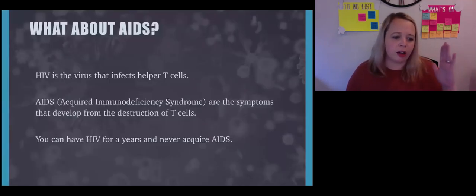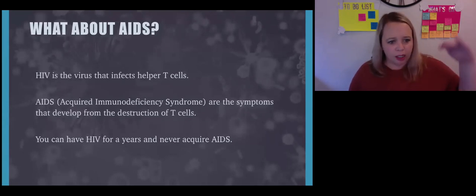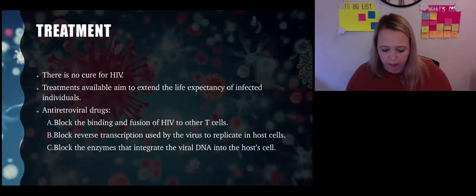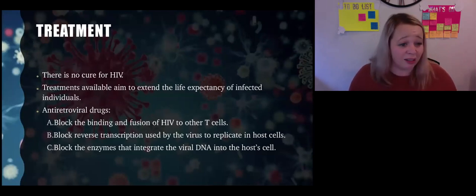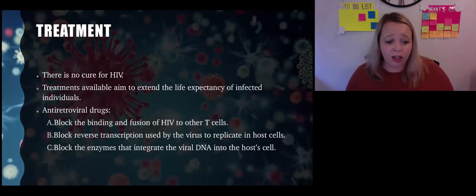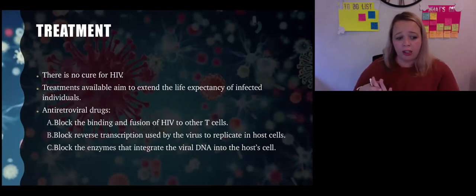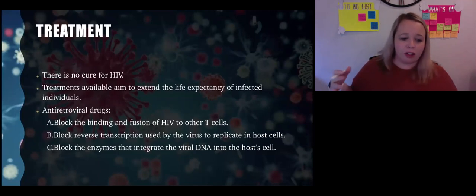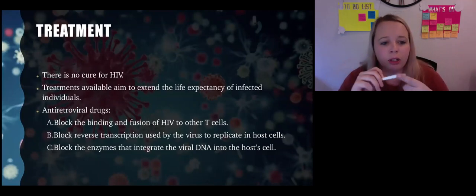So HIV is a virus, and AIDS is the symptoms that you get after your T cell count drops down really low. Now, at the moment, there's no cure for HIV. We have lots of treatments. So we've got these antiretroviral drugs.